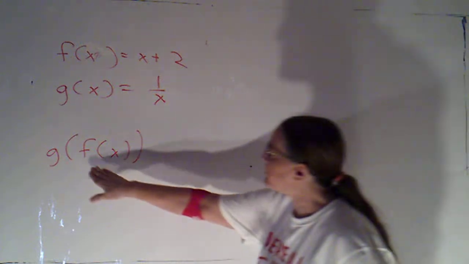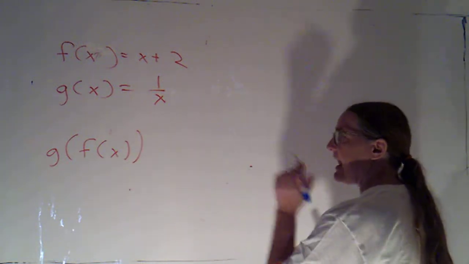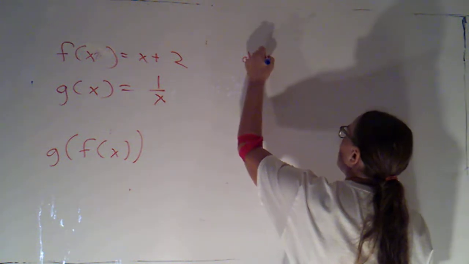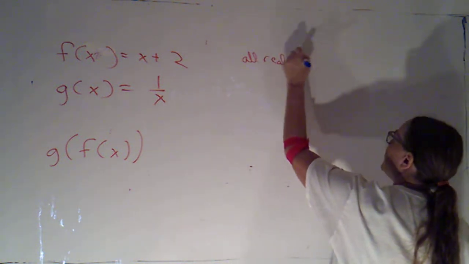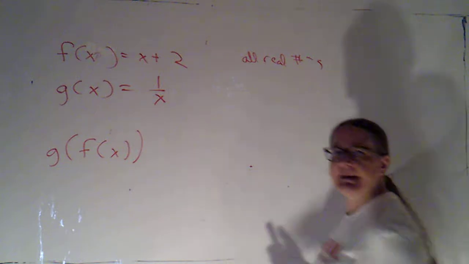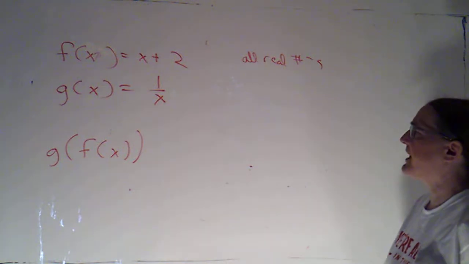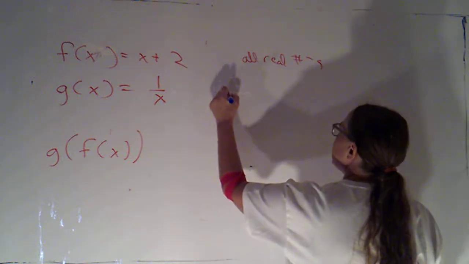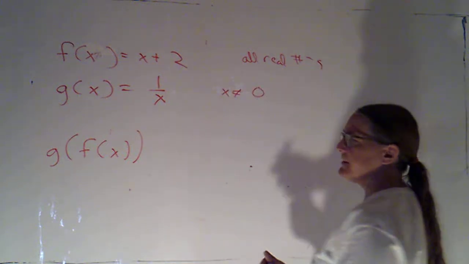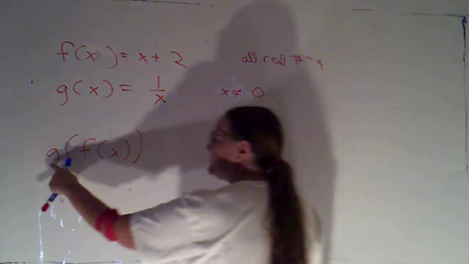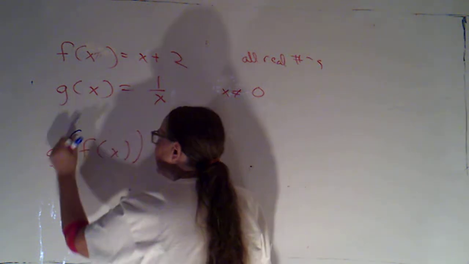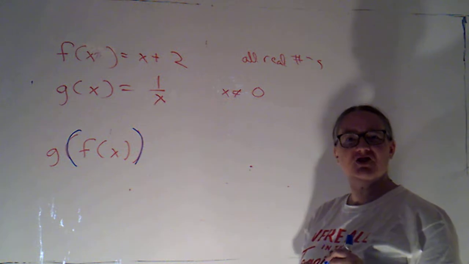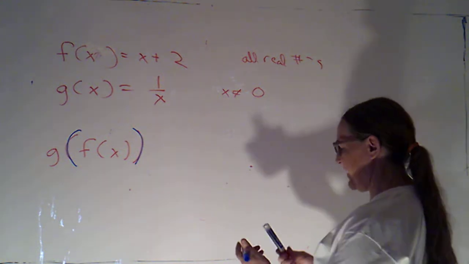Okay. So the first thing that I'm doing is f. I'm plugging into f, and so that says that domain is all real numbers. There are no restrictions on that because I can plug in anything to that function. I can add 2 to anything. For g of x, the restriction is that x can't equal 0. But what I'm going to be plugging into g isn't x. What I'm going to be plugging into g is f of x.